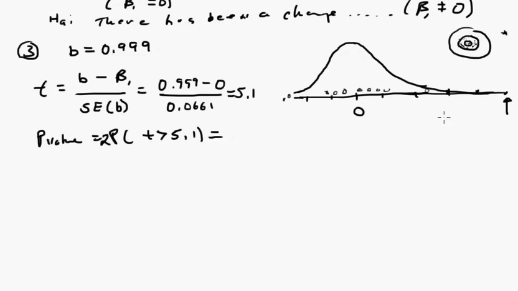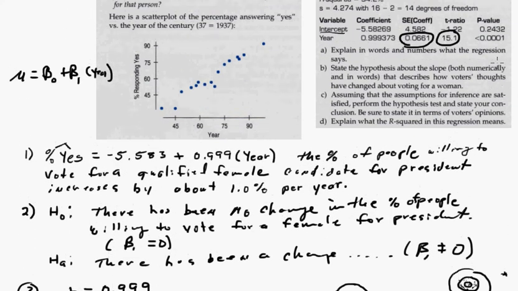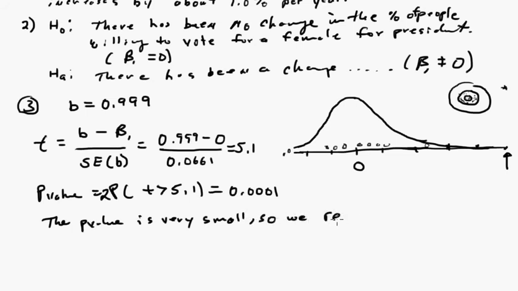So in any event, the p-value either way is going to be 0.0001. So we would say something like the p-value is very small, so we reject H0.